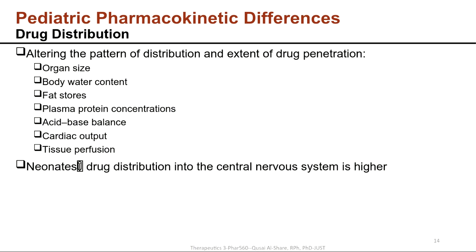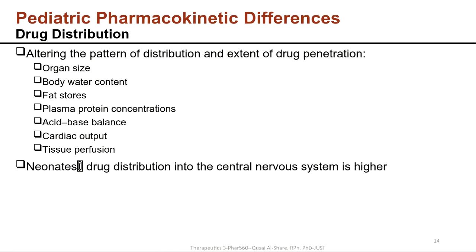That distribution depends on the organ size. We talk about lungs, heart, brain, liver, GI tract, bones, any organ that you would like. And you need to look at the body water content. How much water do they have? What about fat stores in the pediatric body?